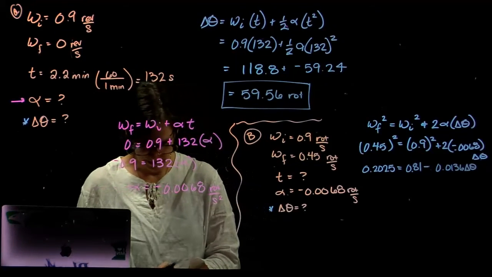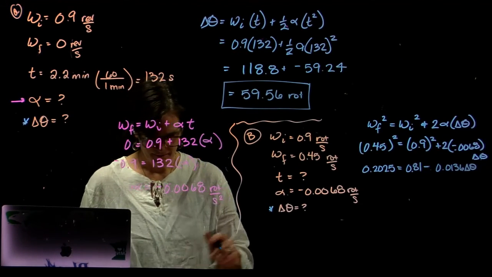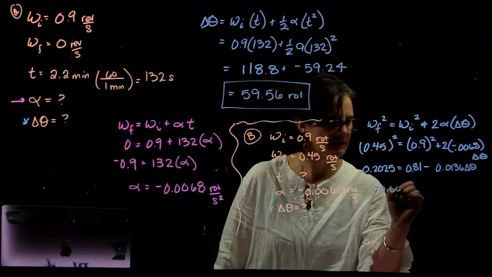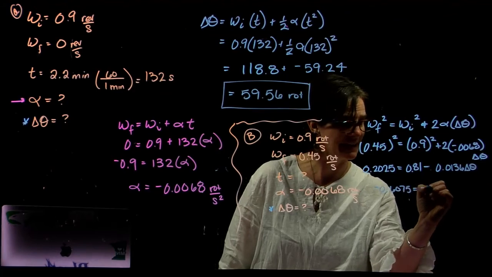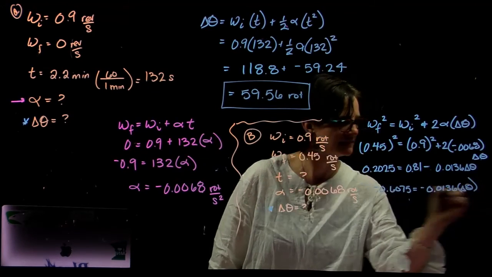All right, I'm going to bring my 0.81 over. I have 0.2025 minus 0.81, and I get negative 0.6075 equals negative 0.0136 delta theta.